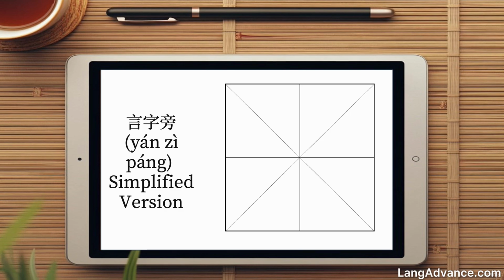Now, as a radical, today we'll be learning the simplified version. In the traditional version, you will see yan as it is, it will appear just like that as a radical. But now let us learn the simplified version of the 言字旁, which is the 言 radical.